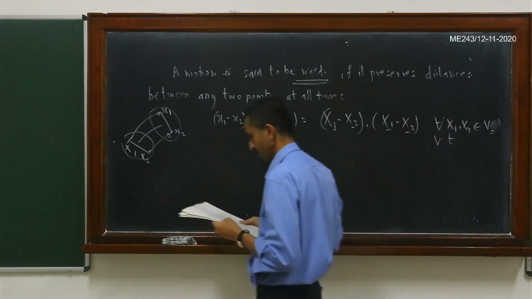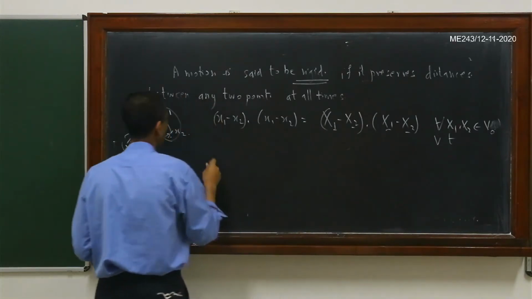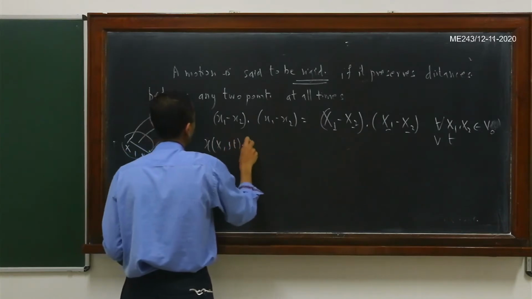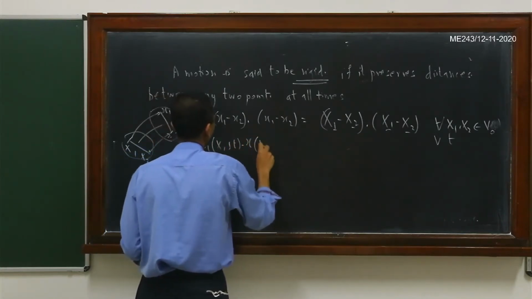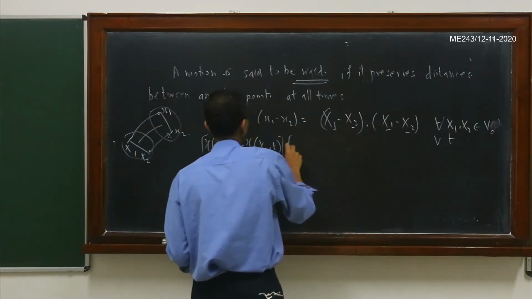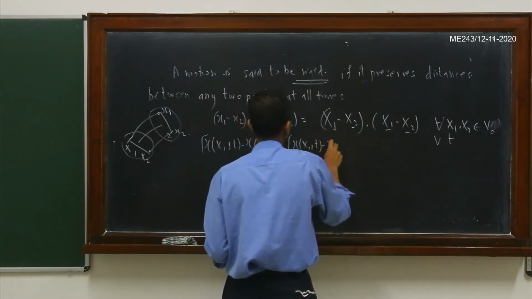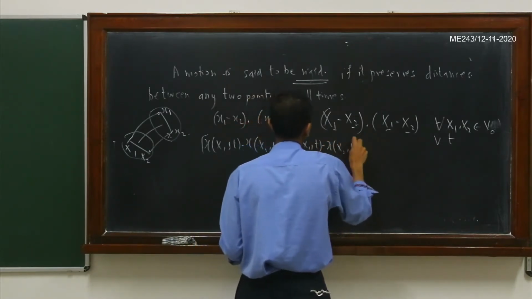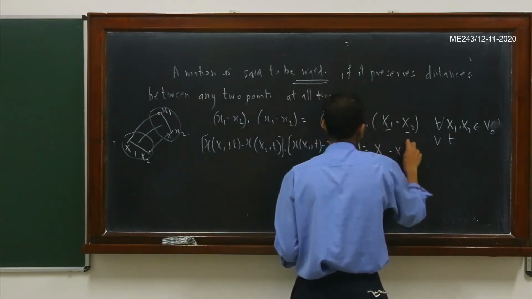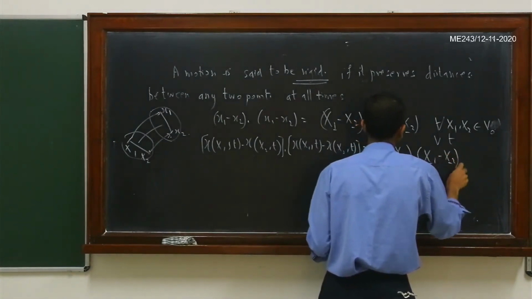I can write this also in another form. I can write this as chi of x1 comma t minus chi of x2 comma t, dot chi of x1 comma t minus chi of x2 comma t, is equal to x1 minus x2 dot x1 minus x2.